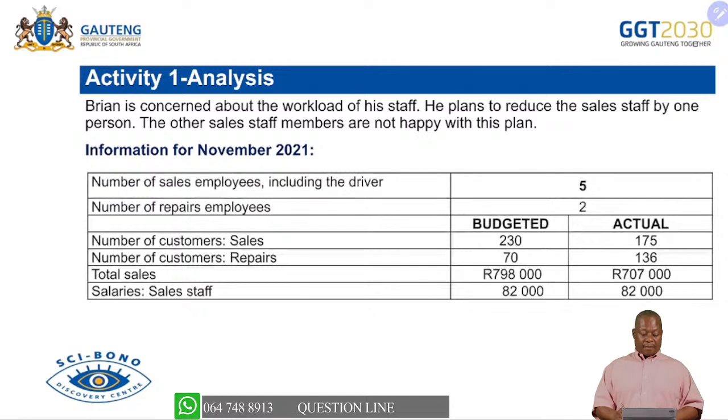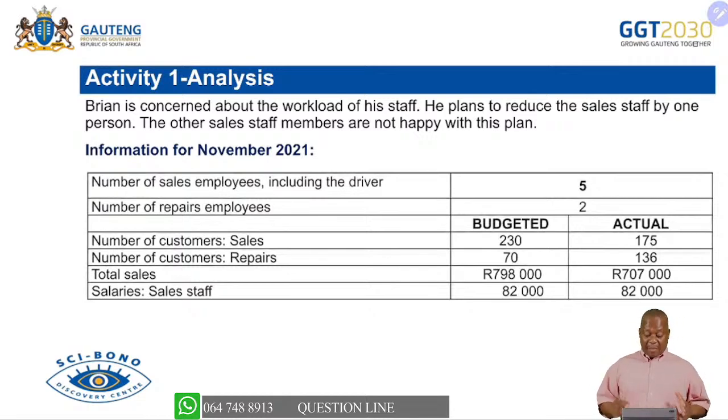I'm not saying anything. Number of repair customers. The repair customers now, we are budgeting to have 70 customers, which means what? It means each of the repair employees must serve about 35 customers. But in actual effect, what's happening? We are getting 136 customers, far more than the budgeted.